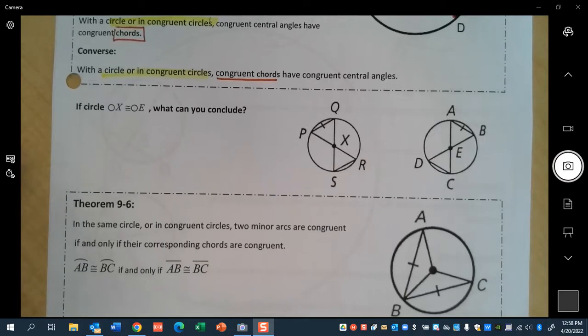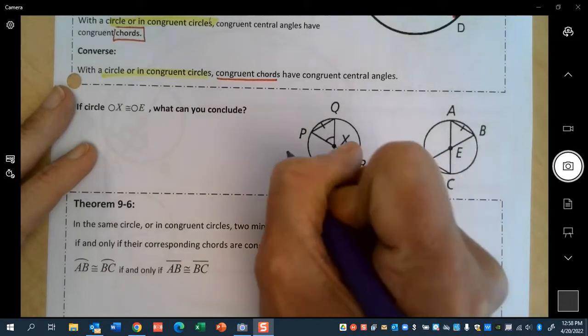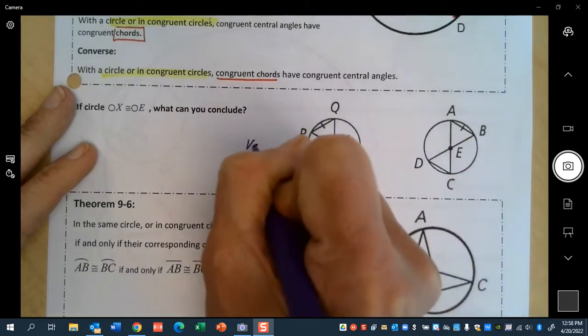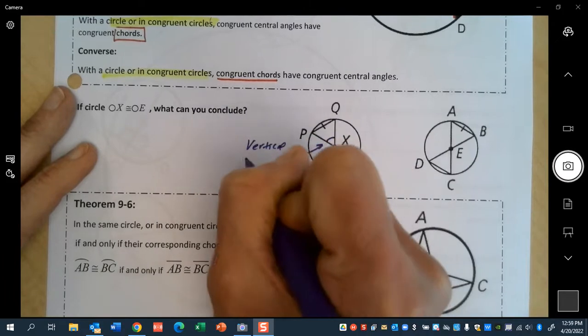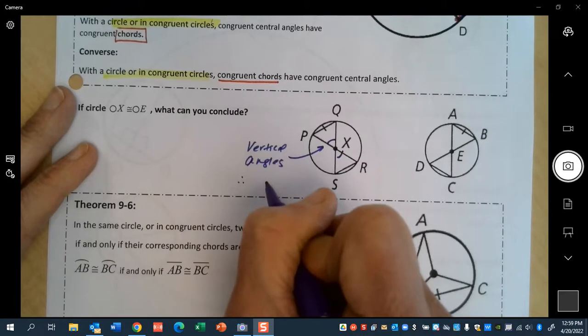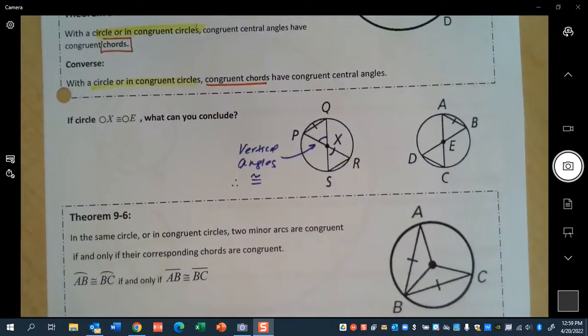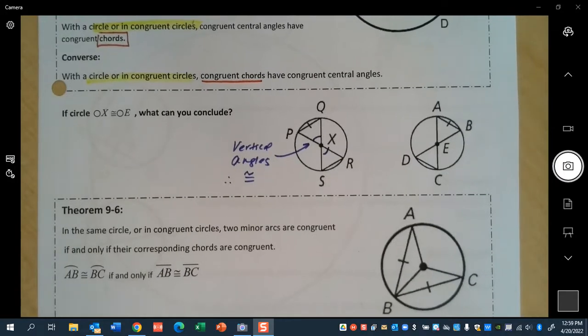And here's what I can conclude. What kind of angles are these? What's true about vertical angles? Once I know that these angles are congruent, then I can go to town.